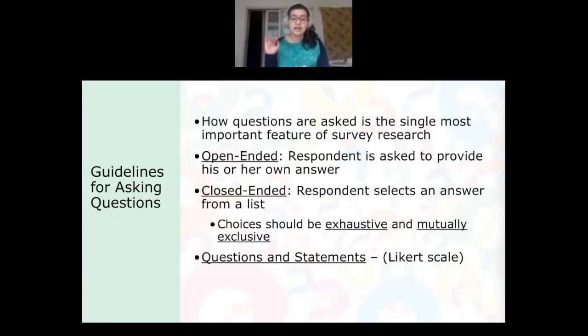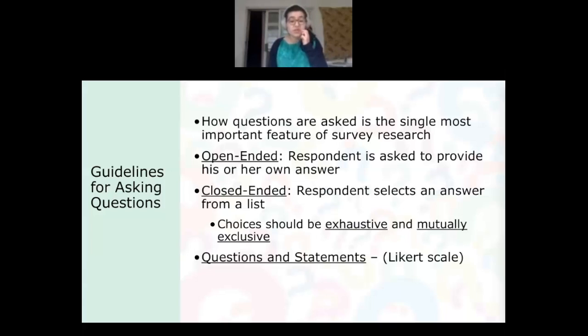All of these aspects of creating questions is how you develop the questionnaire, which is either the form or the online survey that has all the questions that are supposed to be in your study.